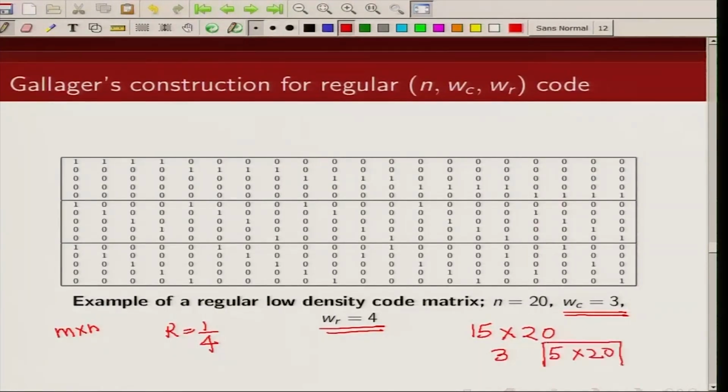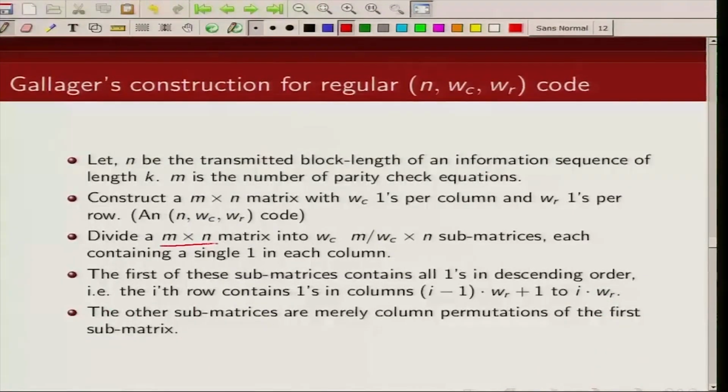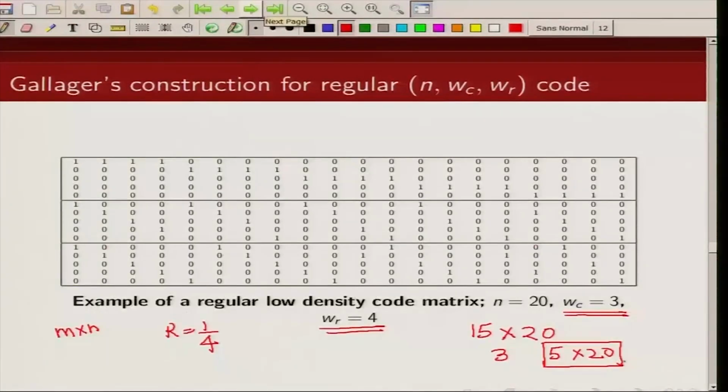That was the first step: divide an m cross n matrix into WC sub matrices of m by WC cross n. So this is one 5 cross 20 sub matrix, this is another, and this is another, and each of these sub matrices should have only ones in the pattern I describe.